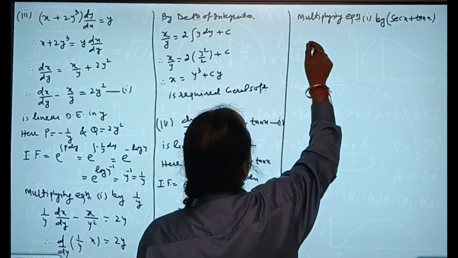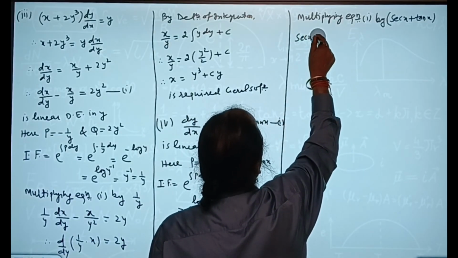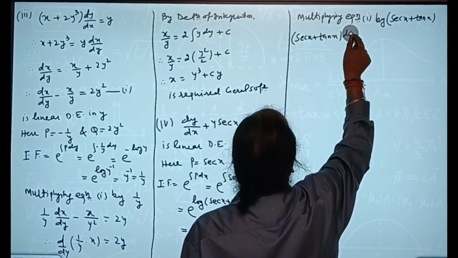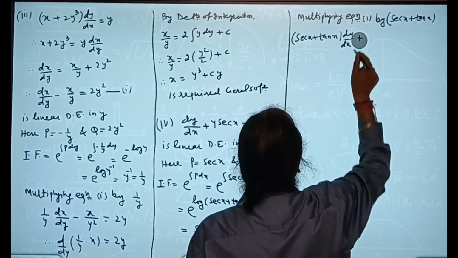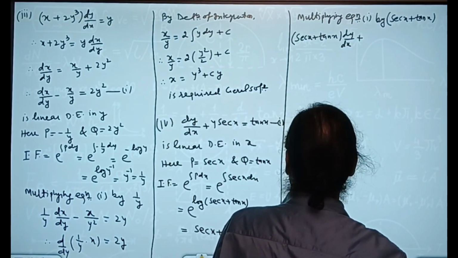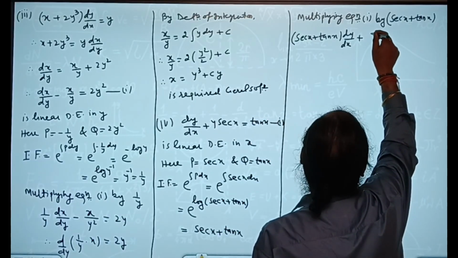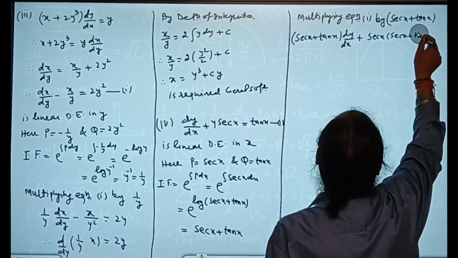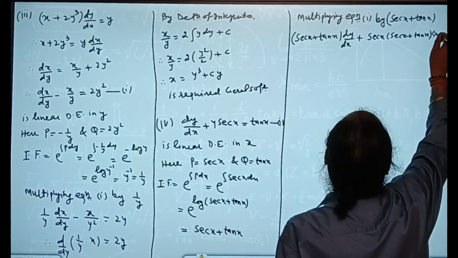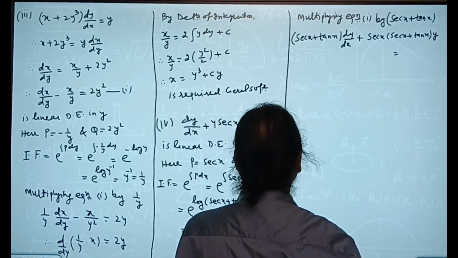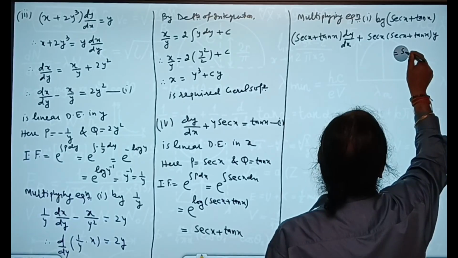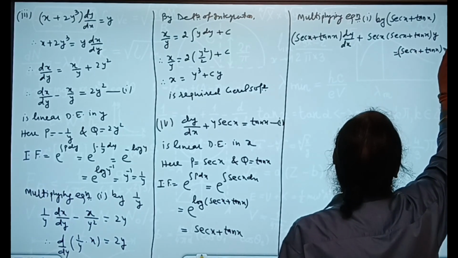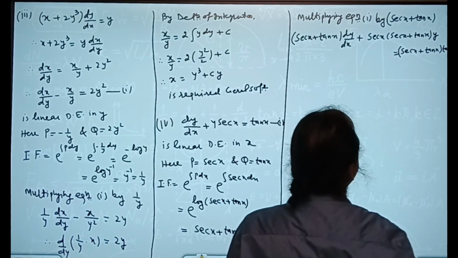So it will give you what? (sec x + tan x) into dy/dx + sec x into (sec x + tan x) into y is equal to (sec x + tan x) into tan x.